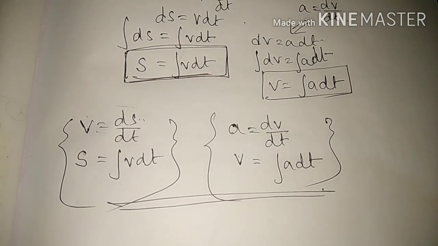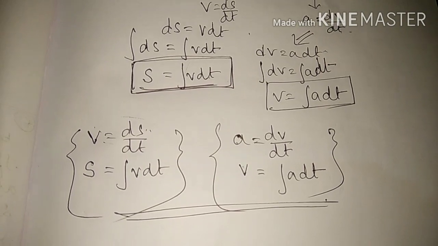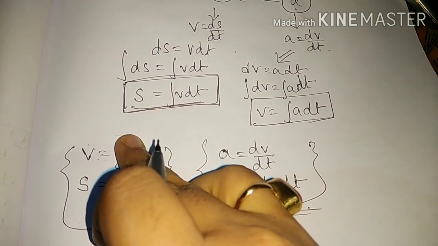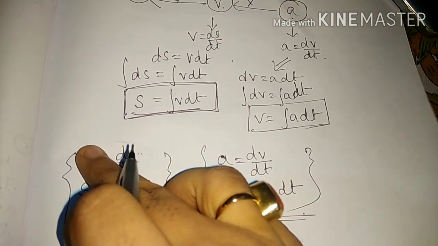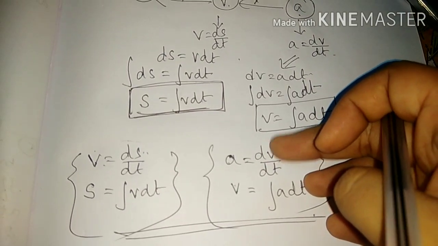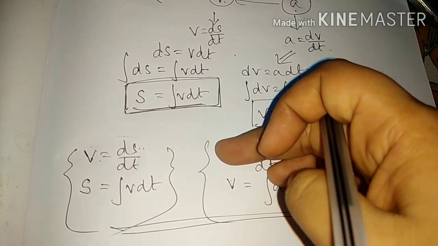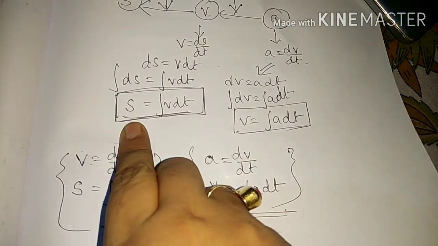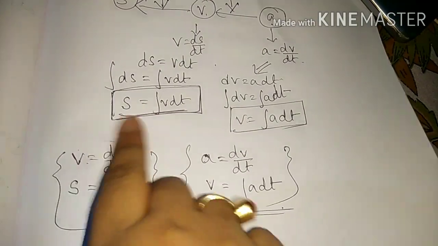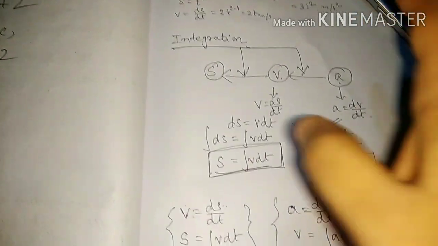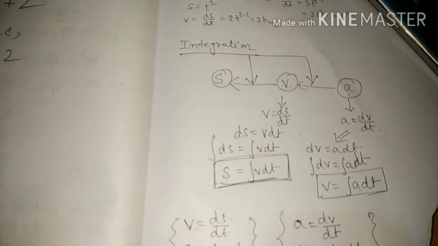Velocity from acceleration, integration. From this to this side, integration. This to this side, differentiation. This to this side, integration. Clear? I think all your doubts about these things are clear.